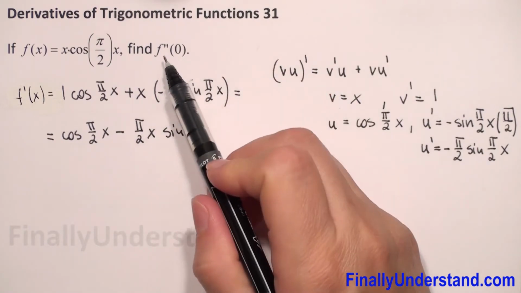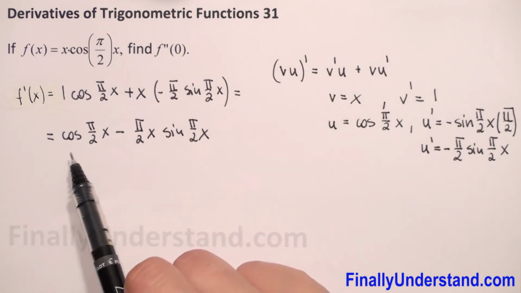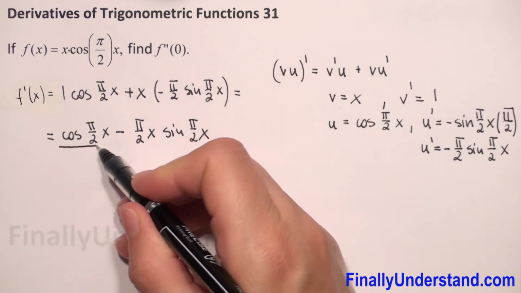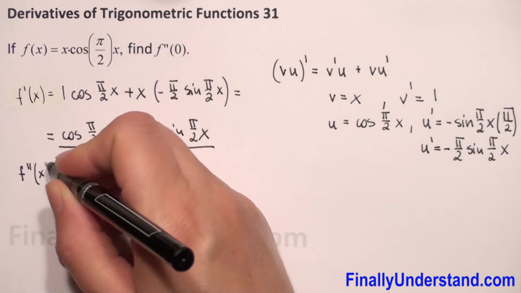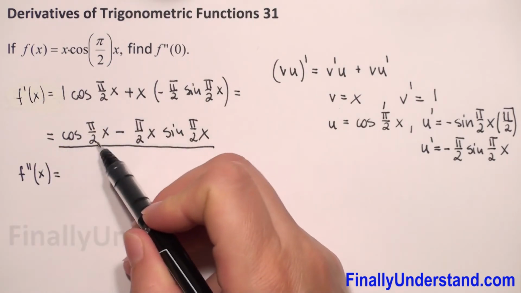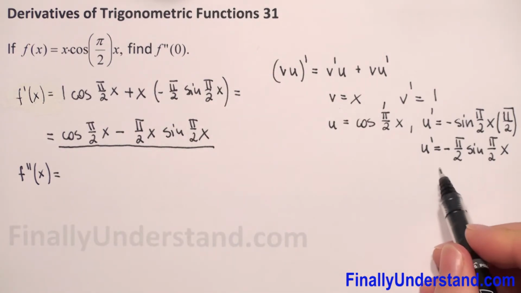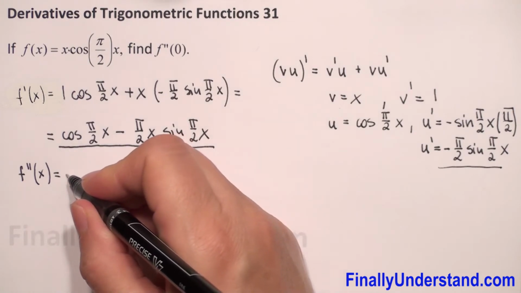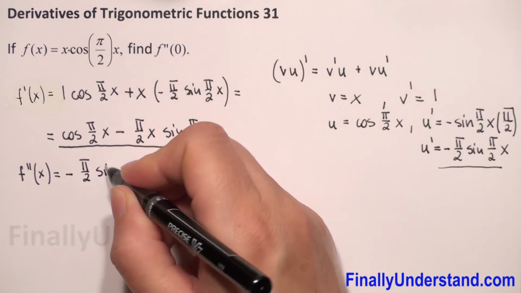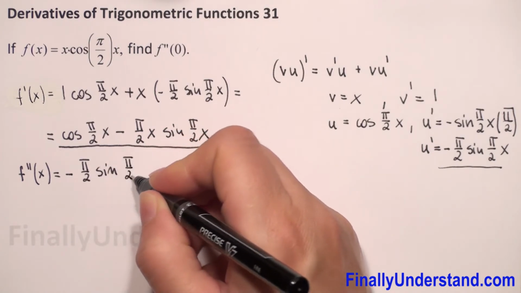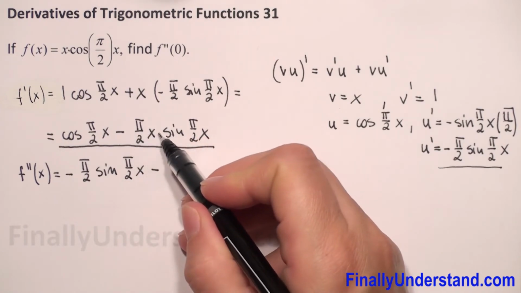Now, because we need the second derivative, we have to find the derivative of the first derivative. This is our first derivative. F double prime of x is equal to the derivative of cosine pi over 2x, we just calculate. It is negative pi over 2 sine of pi over 2x minus, we just copy, and again we have multiplication here.